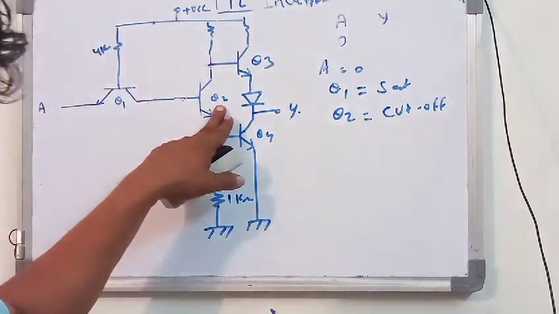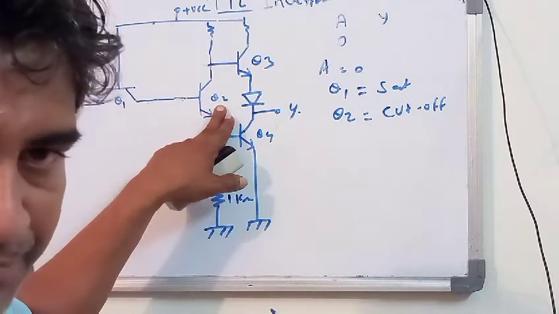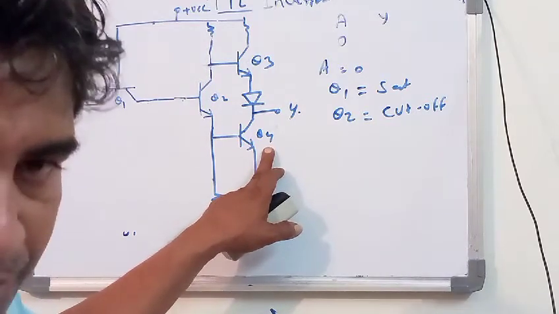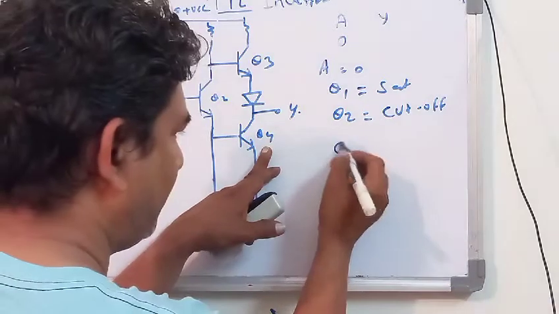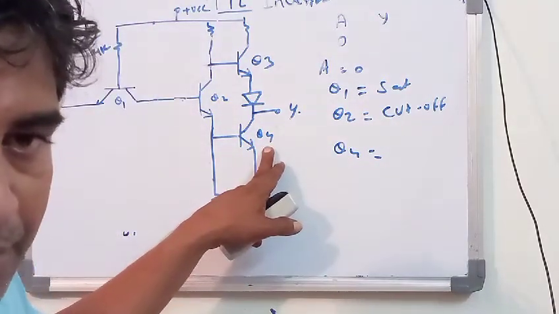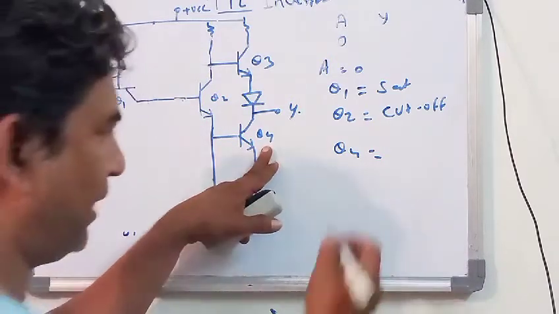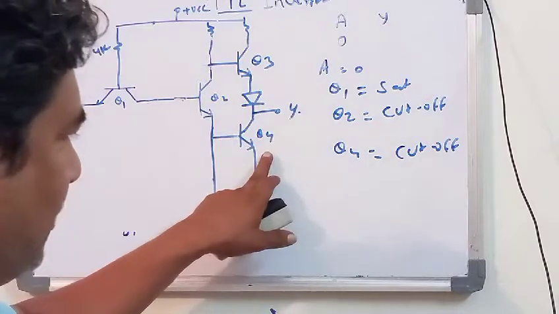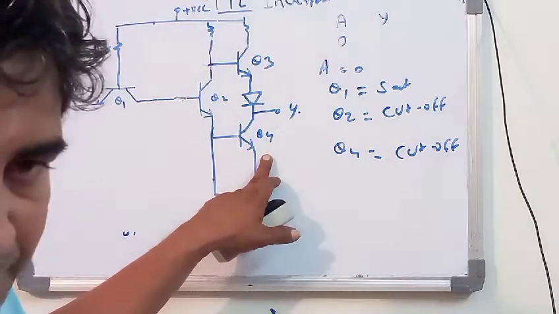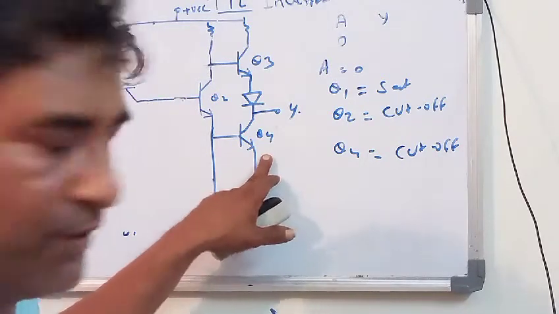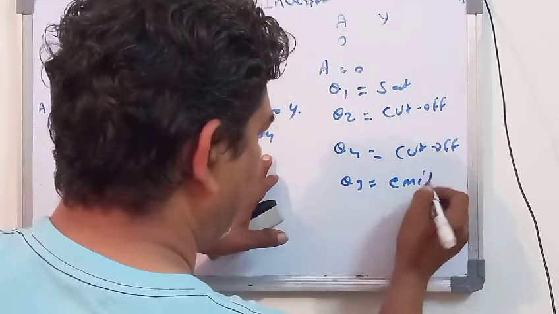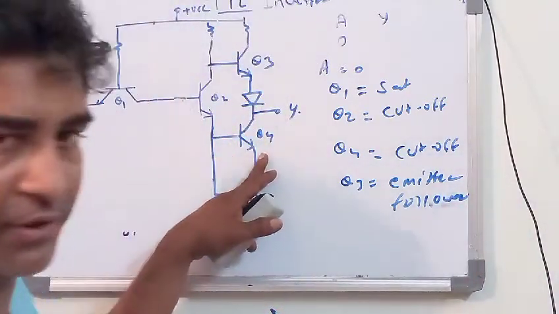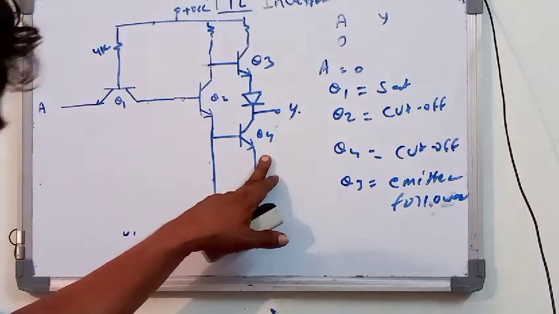As soon as Q2 goes into cutoff, it forces Q4 to be cut off. So Q4 will be in a cutoff state. Which transistor remains? The Q3 transistor. As Q4 is in a cutoff state, Q3 acts as an emitter follower. Since you may say that the output which you will be getting is 1.